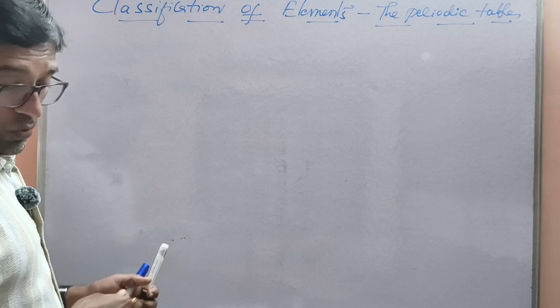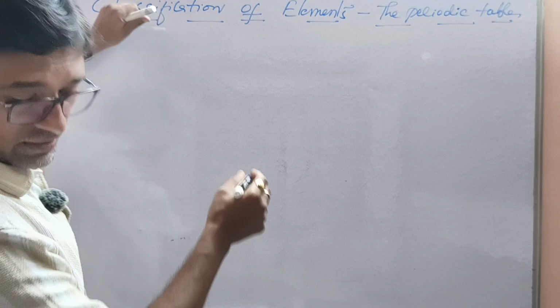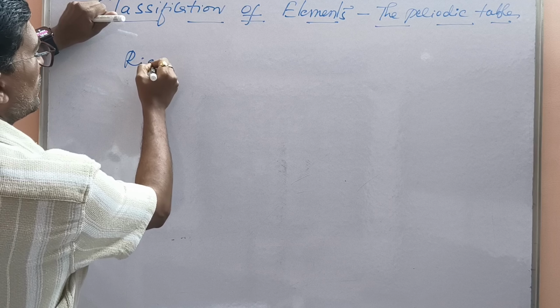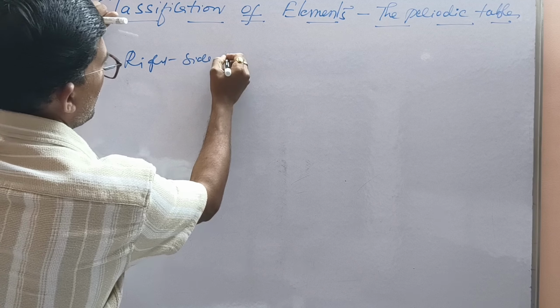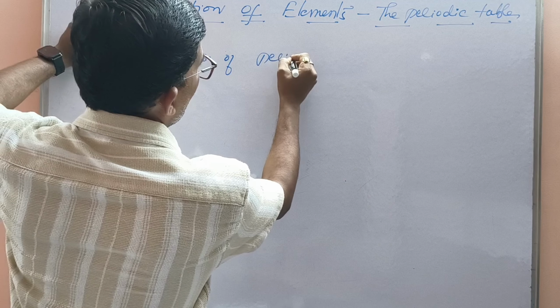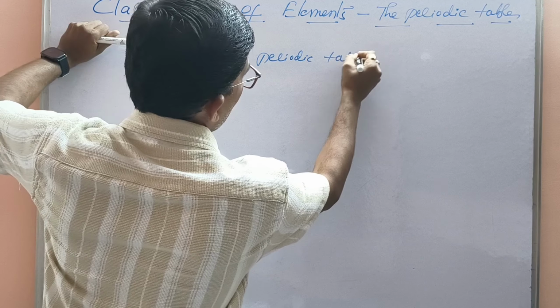The question is, why do the elements present in the right side of the periodic table have least values of electronegativity? That was the question.